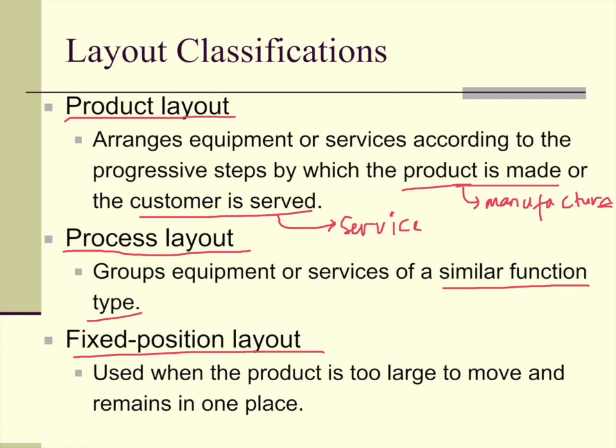And then the fixed position layout is used when the product is too large to move and remains in one place. That is the point: too large to move, not mobile. So we call this fixed position layout.